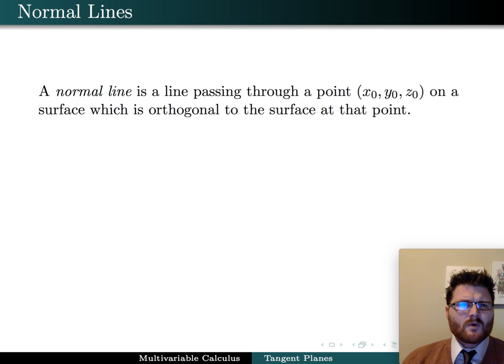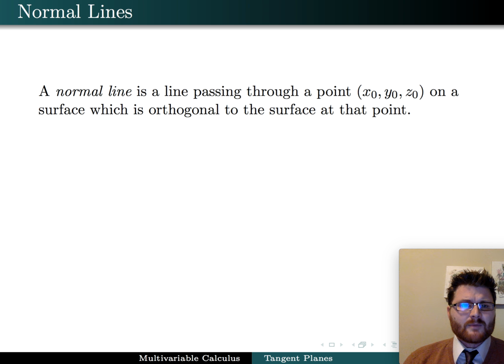Okay, and then just one more concept to cover quickly: a normal line is sometimes useful to be able to find an equation for. A normal line is one that passes through some point on a surface, and the line is orthogonal to the surface at that point.